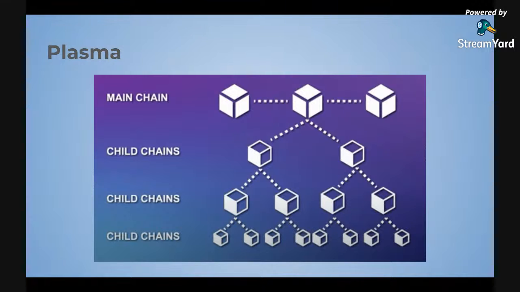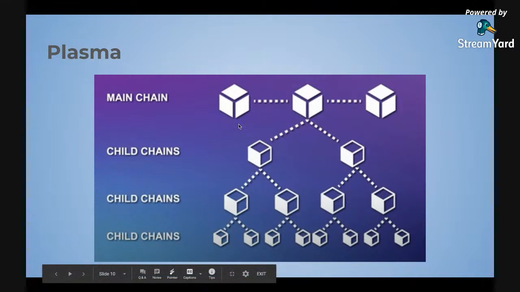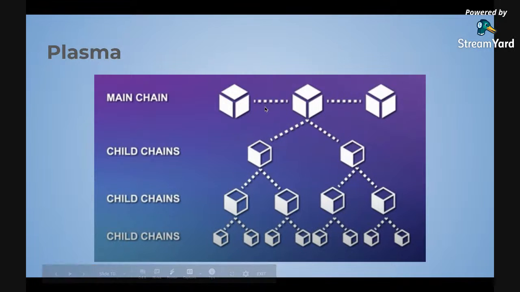Got you. Okay. So Plasma is a scaling solution, and this graph here is quite a nice way to look at it. It has a series of secondary chains, and these chains are structured as a Merkle tree.